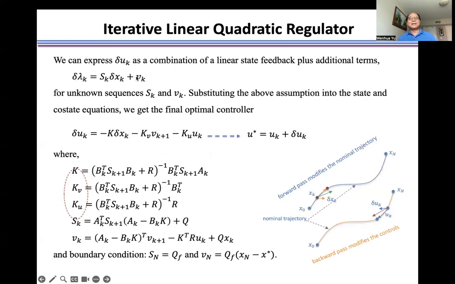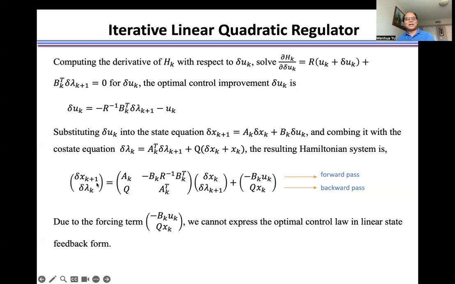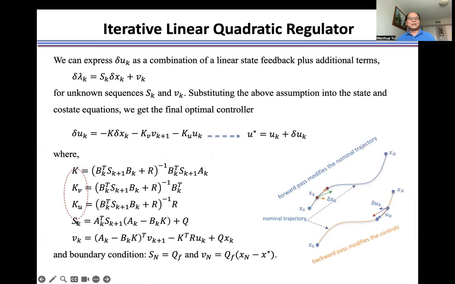Let's say we add one term here. If we compare this equation with this updated equation, we can find this S and this V. Using this V and this S, we can get the modification on the Lagrange multiplier.